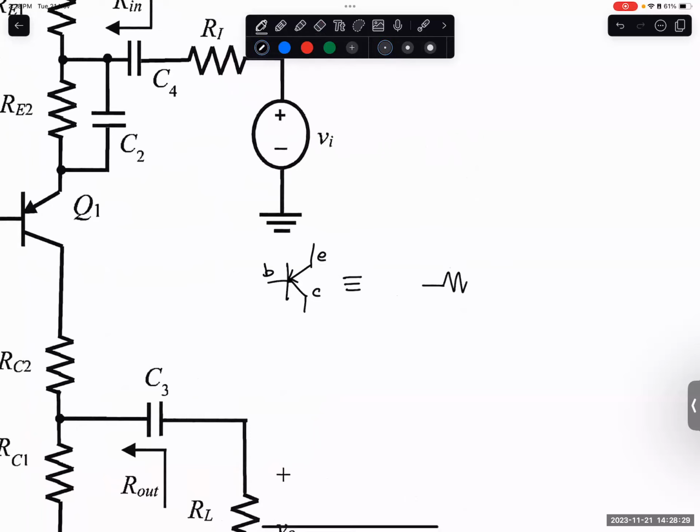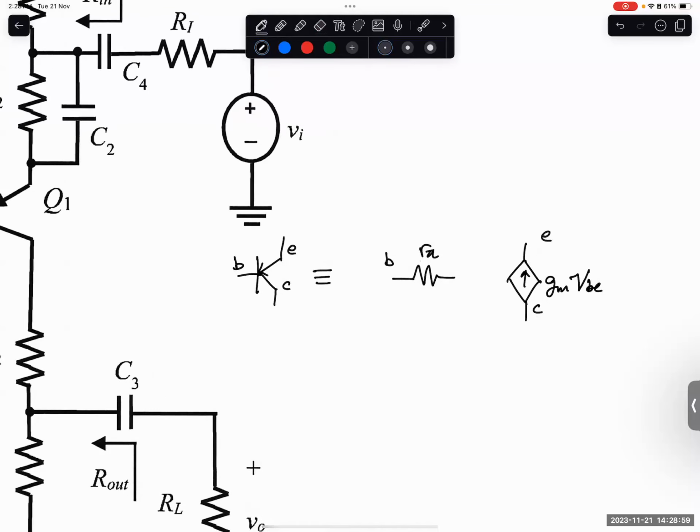Remember there is this R pi, and then we have the dependent source pointing from C to E, so I draw this first. This is E, this is C. Sorry, this is common base. I draw like that.